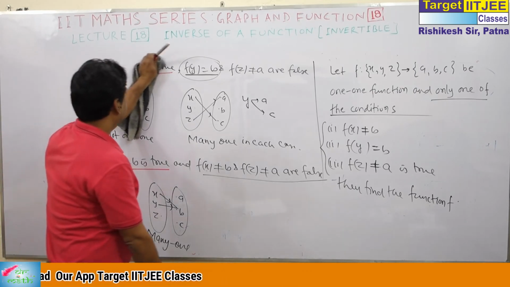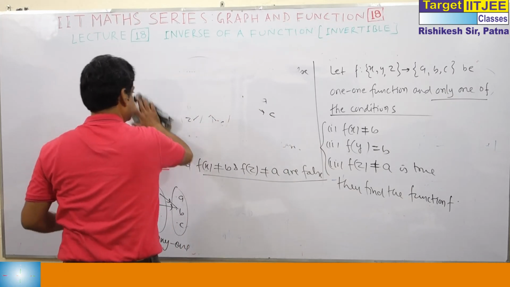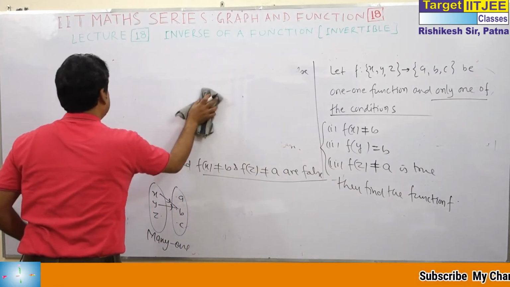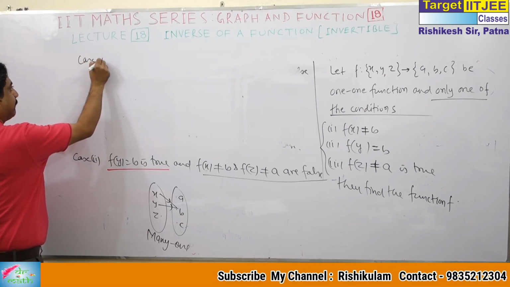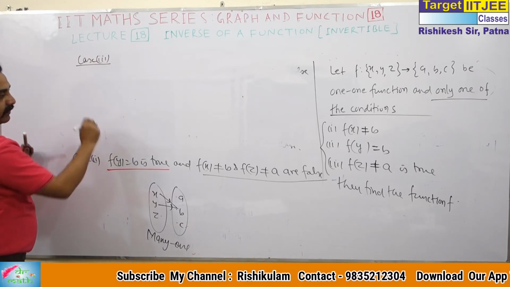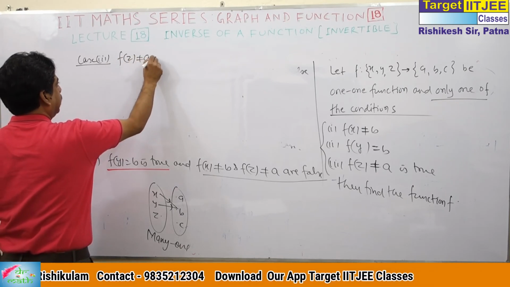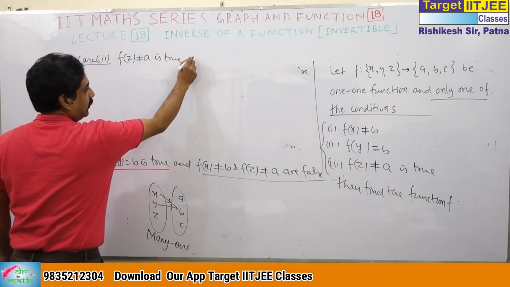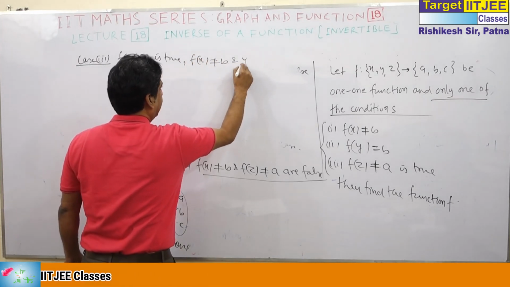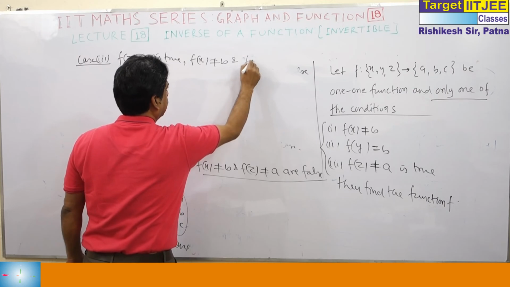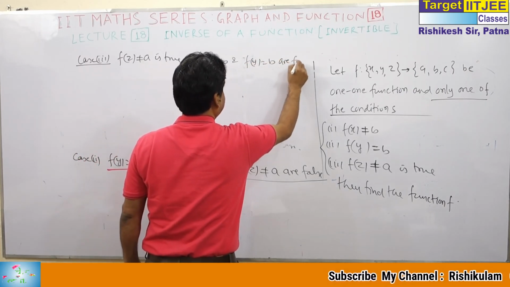Now case 3. Come to case 3. This time I will take fz not equal to a is true, and fx not equal to b and fy is equal to b are false.